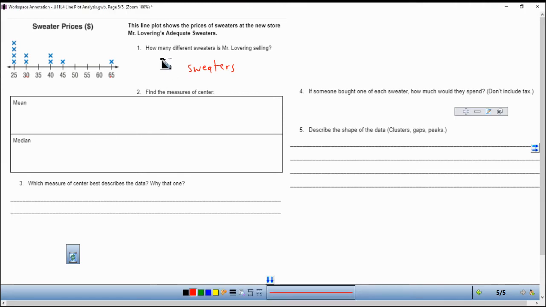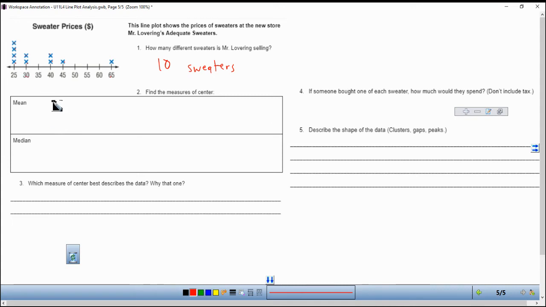I'm sorry. So we have 4 I'm selling for $25. 2 would be 30. So 4 plus 2, 6, 7, 8, 9, 10. Actually, it's 10. My bad. I miscounted. I saw one more than I actually had. So you got 10 sweaters here I'm selling.